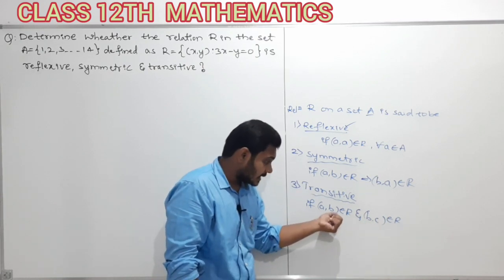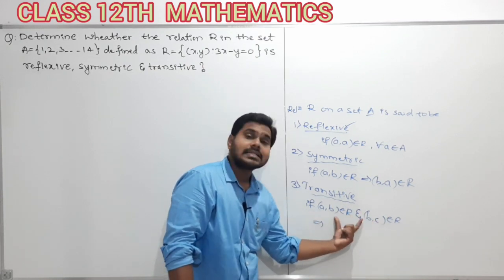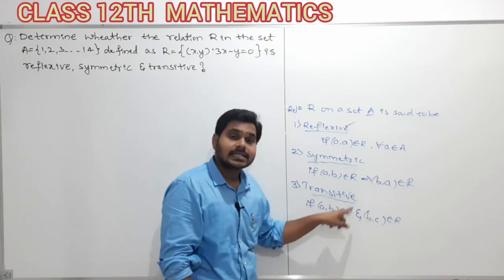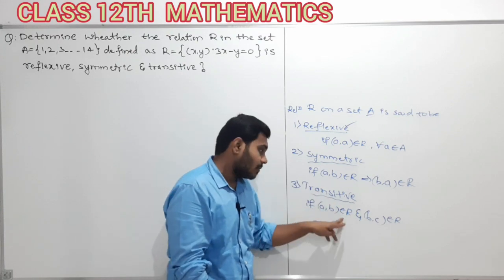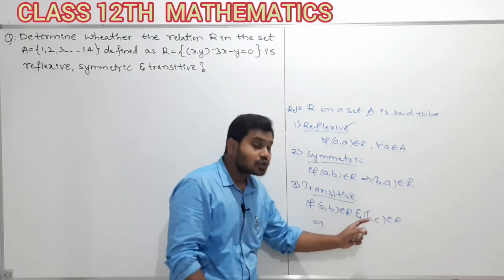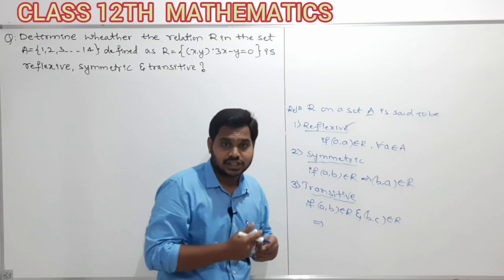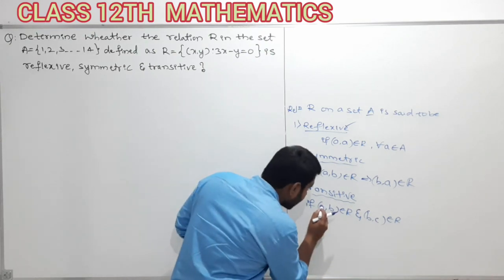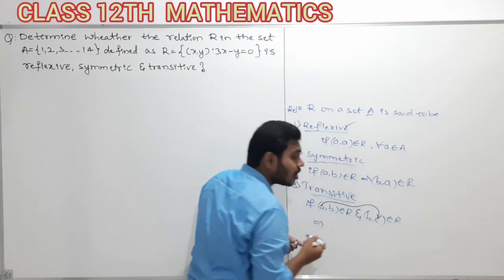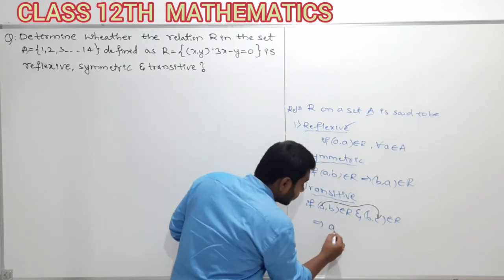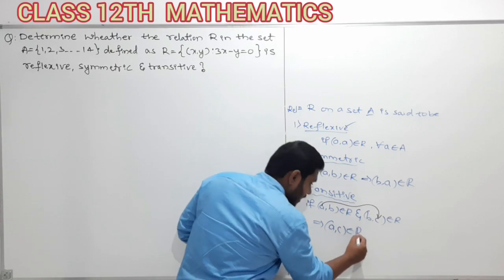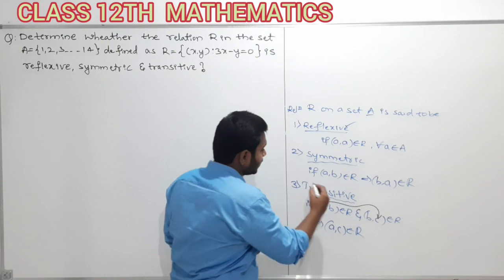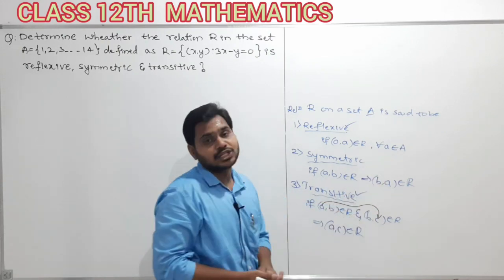So here the second element and here the first element are the same. In that case, if two ordered pairs in the form (a, b) and (b, c) are there in the relation R, you should check whether (a, c) is there or not. If (a, c) is also there in the relation, then such a relation we can call a transitive relation.